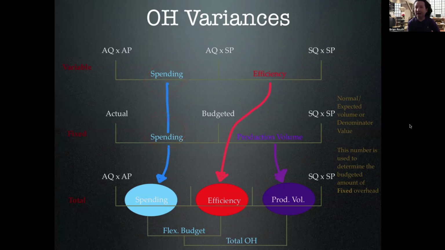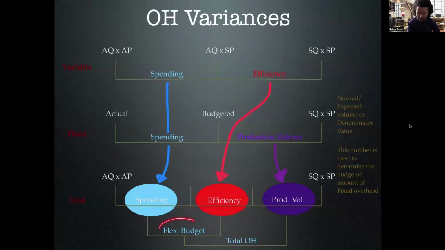If they're the same sign, you would simply add them and get the total spending variance. If they're different signs, you would get a difference and bring down the sign that is associated with the largest number. There's only one efficiency variance, so we bring that down here to our total overhead. There's only one production volume variance, so we bring that down to our production volume.